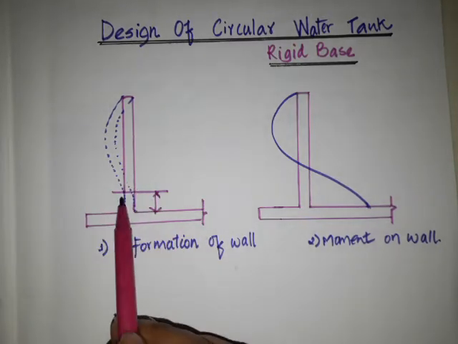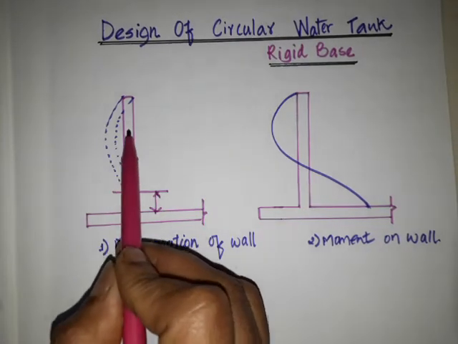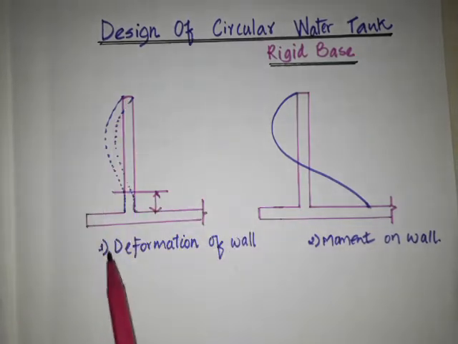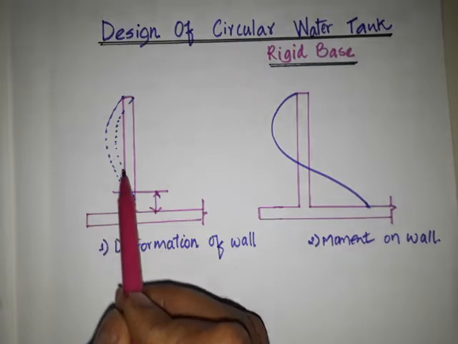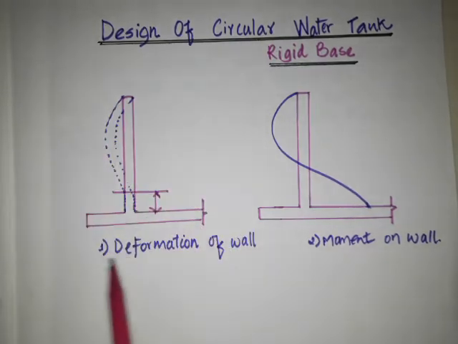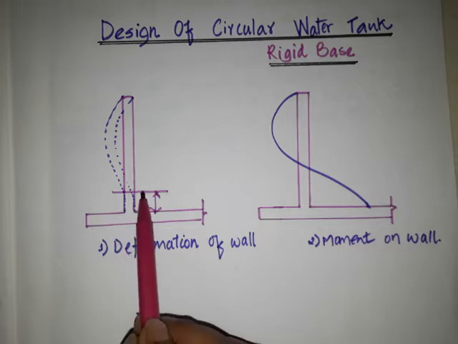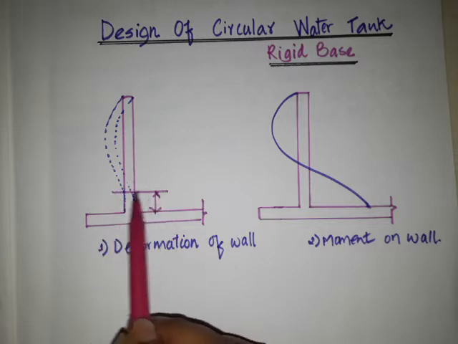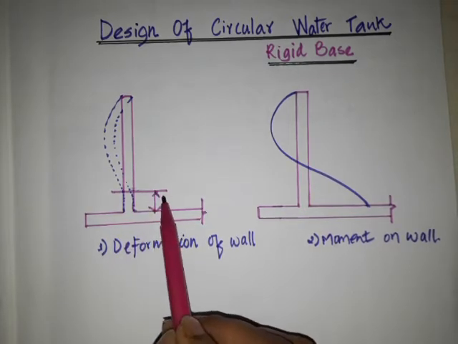But if you move towards the mid-height of the wall and then towards the top, the deformation is increasing. So what does it indicate? Because of the fixity at the junction, there is no deflection or deformation for a certain height of the wall.